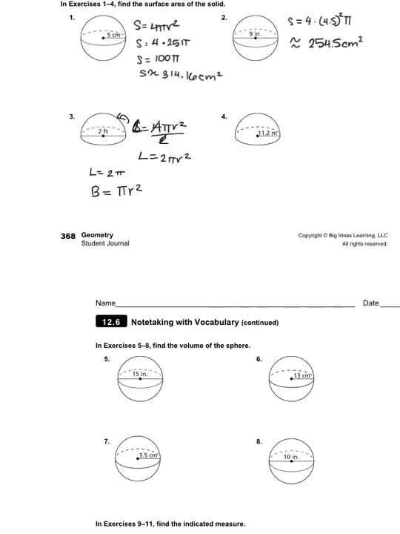Now I know that my radius is 1, so 1 squared is just 1, so then my base is just pi, right? So then I'm just going to add my lateral area and my base, because I know that the surface area is going to be my lateral area plus my base. So then I have S equals 2 pi plus pi, which gives me 3 pi, which then simplifies to 9.42. So 9.42, and this is feet squared.